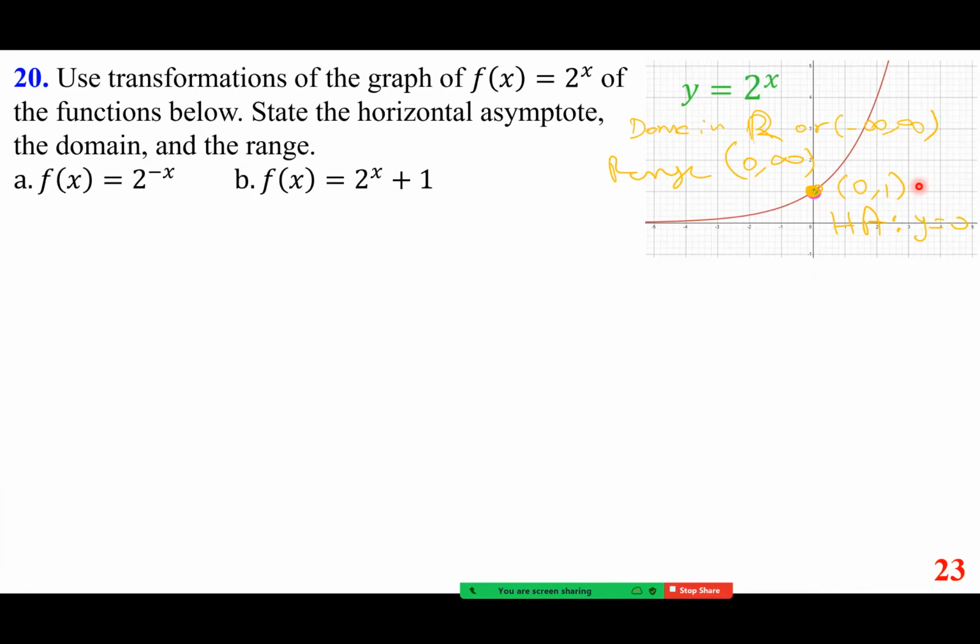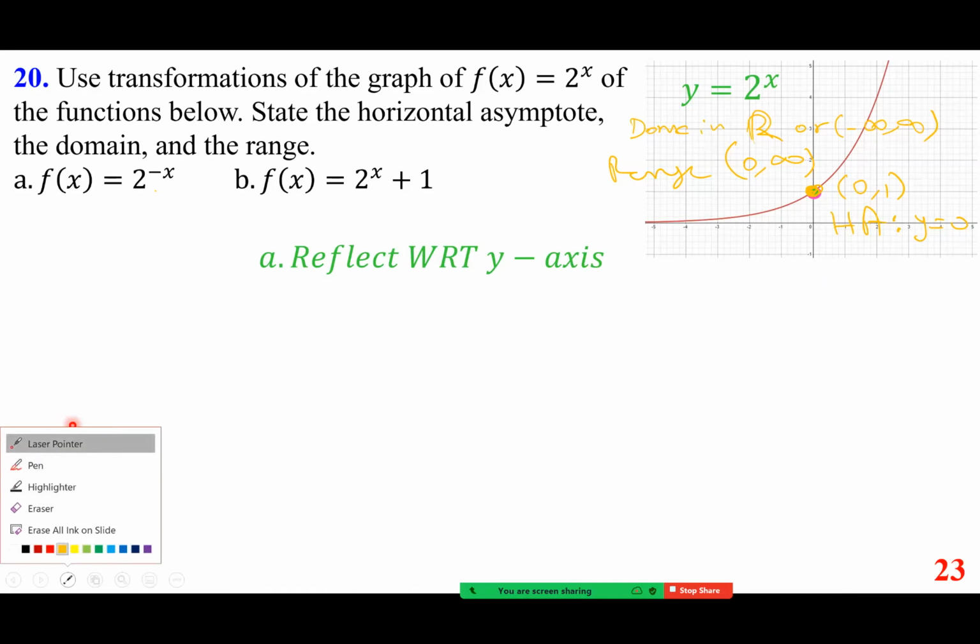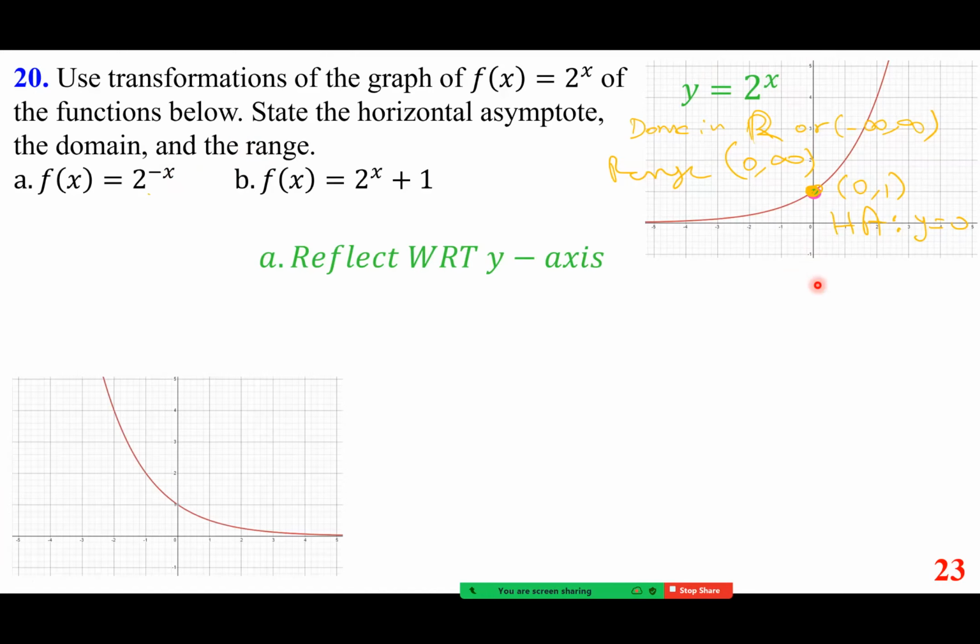Let's look at what happens here with 2 to the power of minus x. So x changes to minus x, which means you're going to reflect it with respect to the y-axis, looking like that. So your y-intercept stays the same.